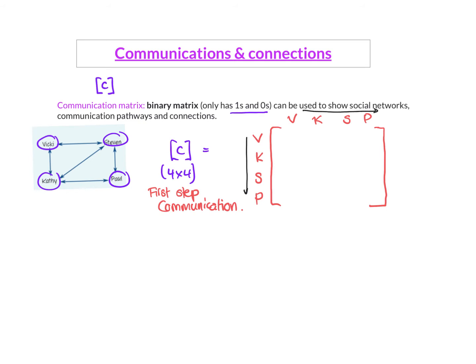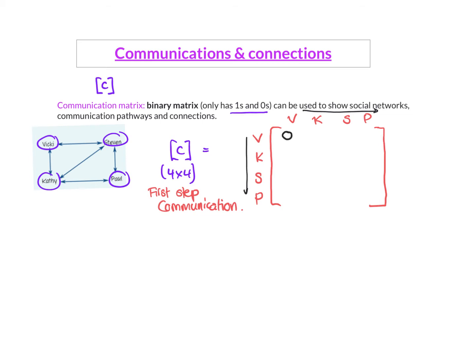Okay, so what happens is if they can communicate with each other, there's a number 1. If they don't communicate with each other, we put a 0. So often the person won't communicate with themselves. So say V to V is going to be a 0.